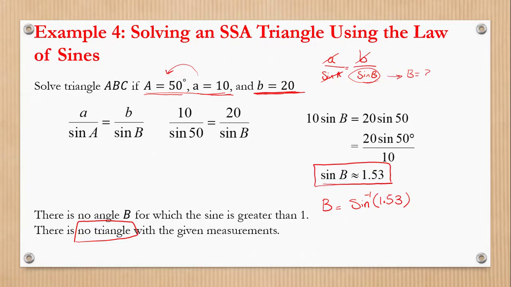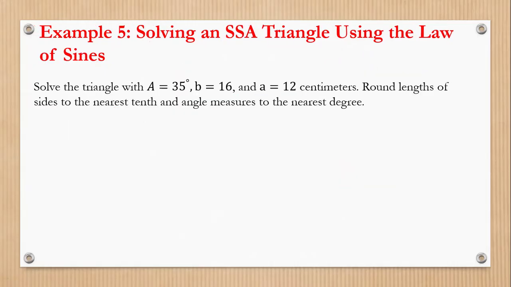Let's look at another example. Okay, we have another triangle. Angle A, side A, and side B are given to us. As you see, A is still less than B. When A is less than B, we may have two triangles or no triangle. We had no triangle in the previous example. Let's see what happens here.